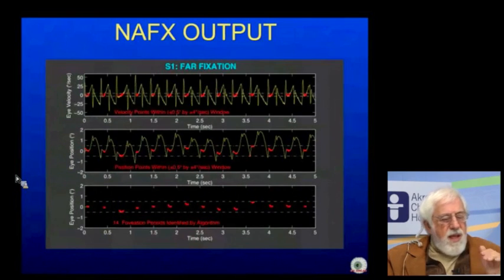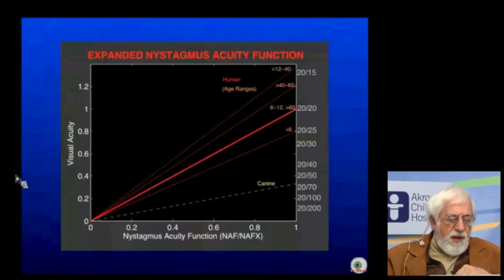And what you get is a number between 0 and 1 that's linearly proportional to Snellen acuity expressed as a decimal. There's some age variation and obviously a species variation. Once you know the patient's age, you know which line to use.